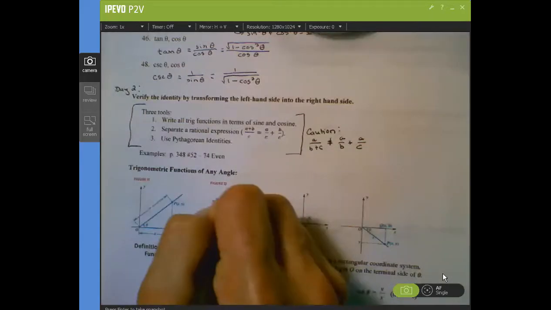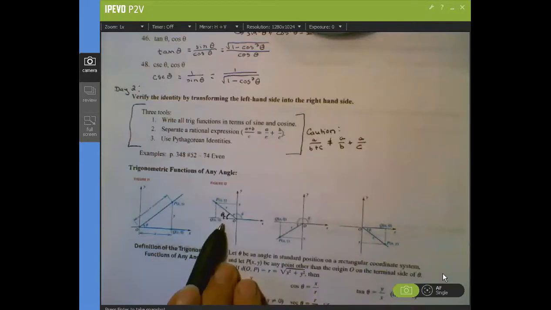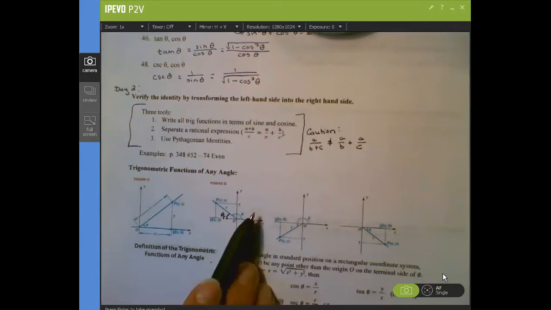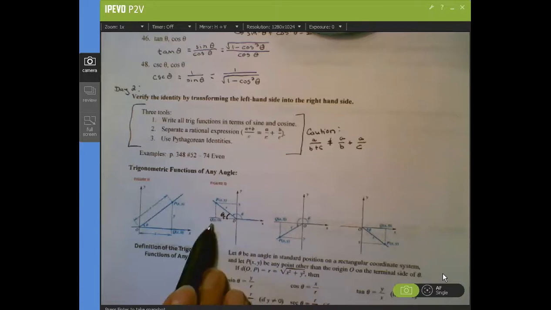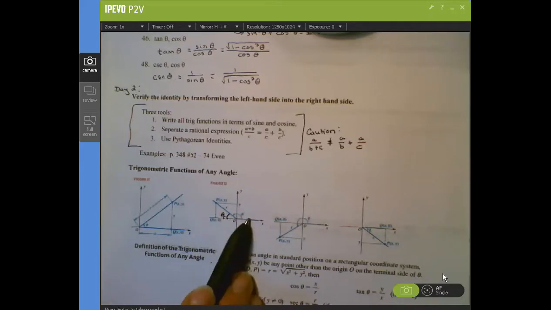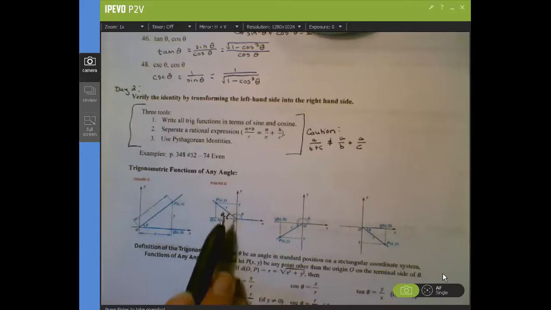And the trigonometric functions of theta are the same as the trigonometric functions of the reference angle, except for the signs of the x and the y. The trigonometric functions of this reference angle would be the same as the trigonometric functions of our original theta, except for my x's would be negative here, where my x's had been positive here.